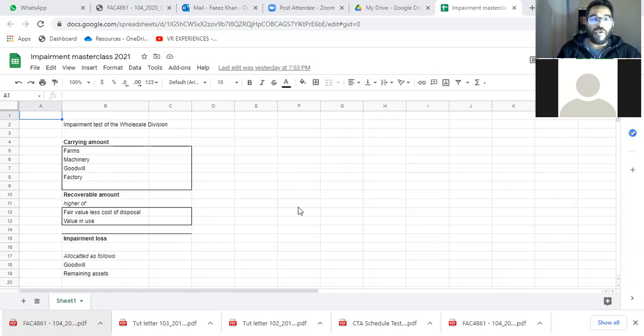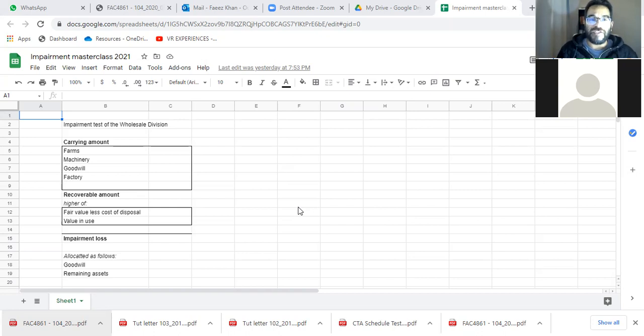What made the factory a corporate asset is that it met 2 criteria or characteristics. Number 1, the factory cannot generate cash inflows independently, and number 2, the factory is used by more than 1 CGU. Because of that, the factory is considered to be a corporate asset.